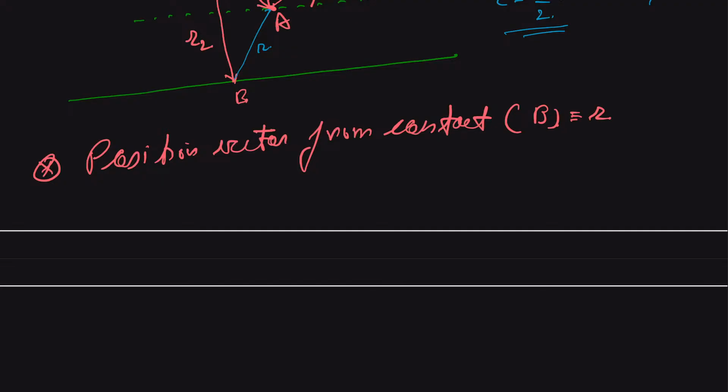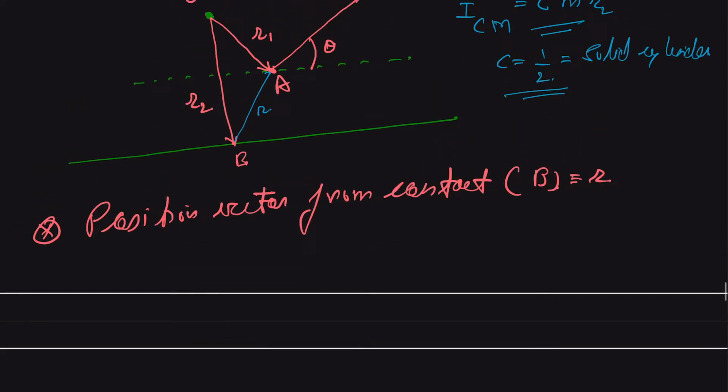And for R we are going to find out the horizontal component as well as the vertical component, because from the figure itself we can see that with respect to point B, the point A has a horizontal component involved and a vertical component involved. So we are going to find out this horizontal component as well as this vertical component.